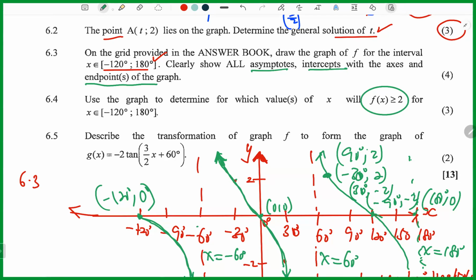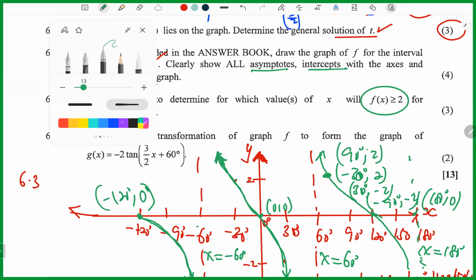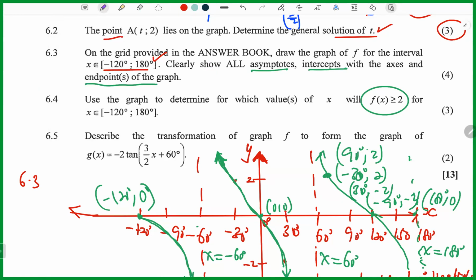So now to answer that question, we look at the following. So y equals 2, you have that y equals 2 there. It's not accurate, but you have something like this.